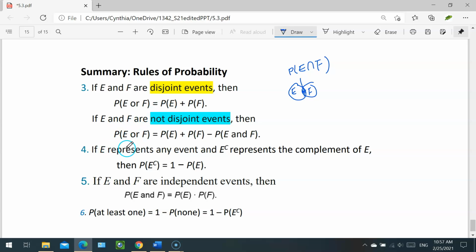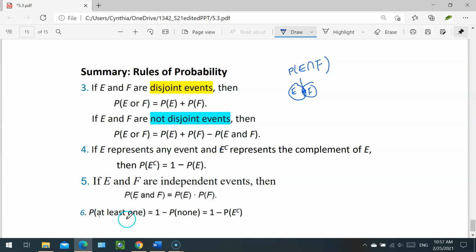If E represents any event, E to the power C is called the complement event. So for the probability of the complement event, we simply use 1 minus the probability of the event E. If E and F are independent events, then to find the probability of both events, we multiply them together because they don't affect each other.